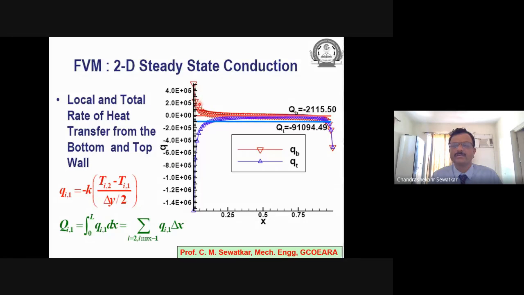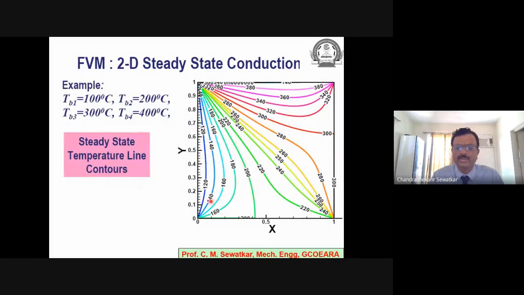You can see this red symbol indicates the heat flux across the bottom line. If I look at the temperature contours here, in this region the heat transfer will be in the negative y direction, sorry, positive y.